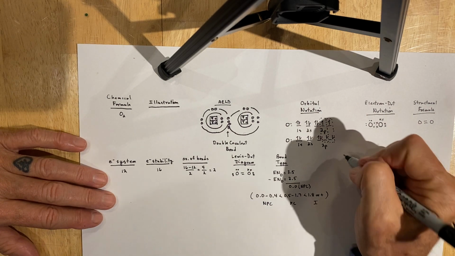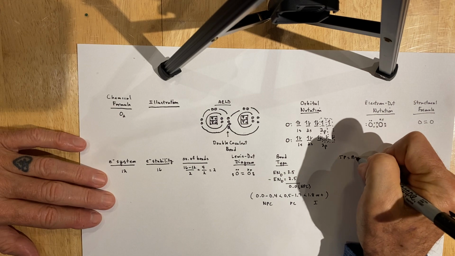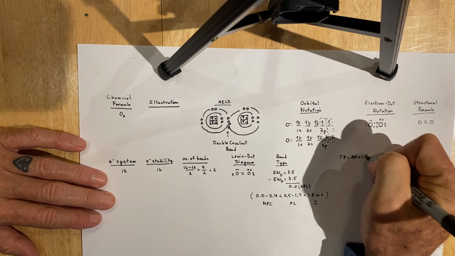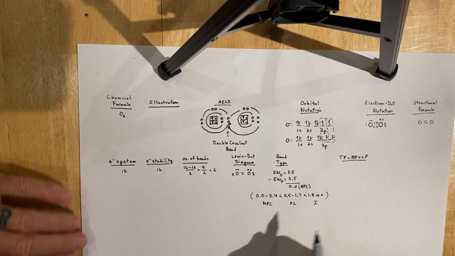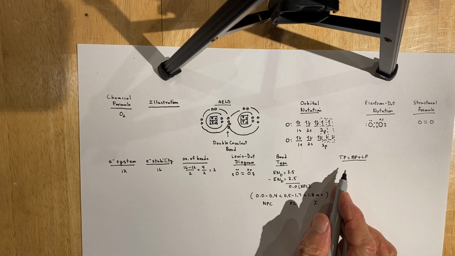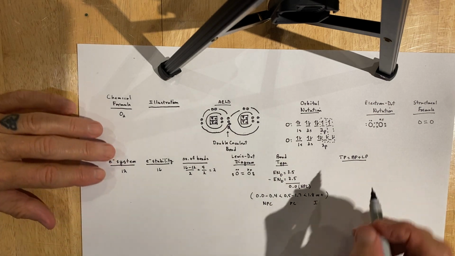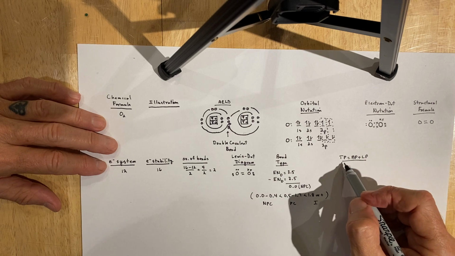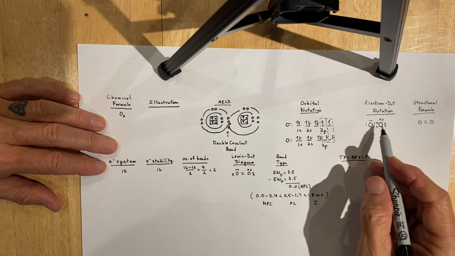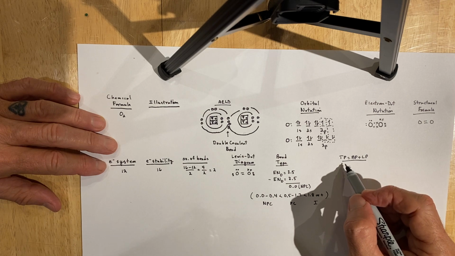So that being said, we want to do a calculation to predict the geometry of the arrangement of those electron pairs around each oxygen atom. Typically, we do this calculation on a central atom, but since we only have 2 atoms, we don't have a central atom. So we're going to examine the arrangement of the electron pairs around each individual atom. So it goes something like this.